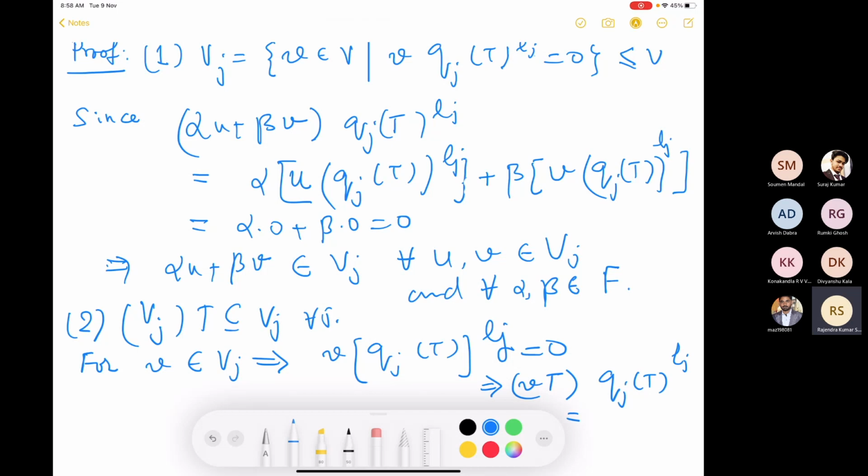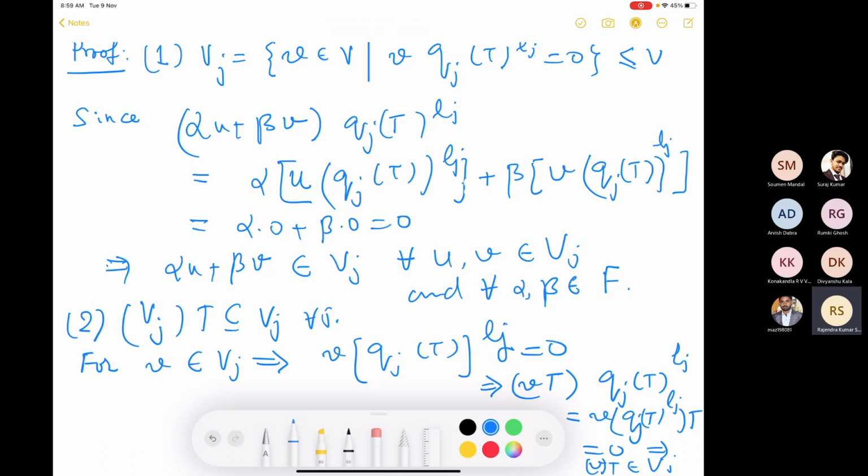T also commutes with identity, so T and this will be exchanged. So this is v qj(T) power Lj T, which is 0. So that makes vT also in Vj. So that makes Vj T invariant. So far so good.